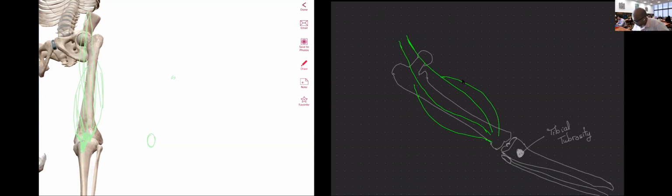And the quadriceps muscle has a tendon. What's a tendon by definition? Tendon, remember, it's the connection between a muscle and a bone. This is what we call a tendon.